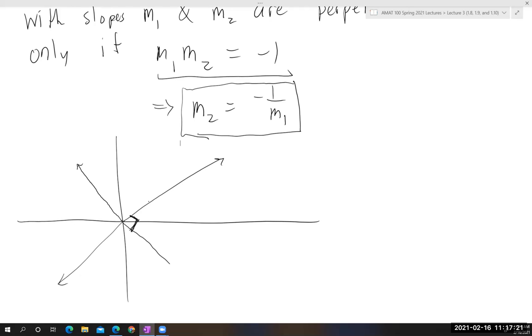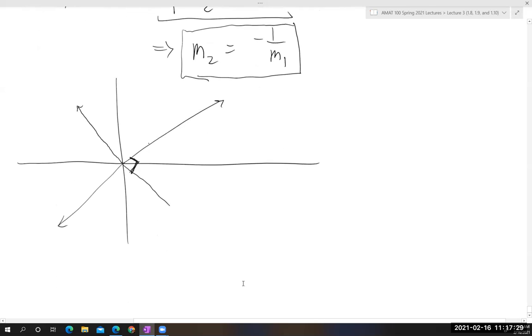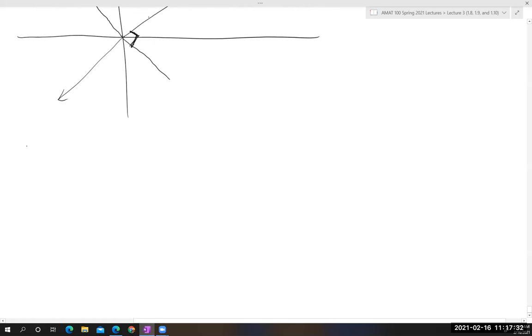So let's go over just two examples, and then we'll call it a day. Let's do something with parallel lines first. This is example 7 in the book.